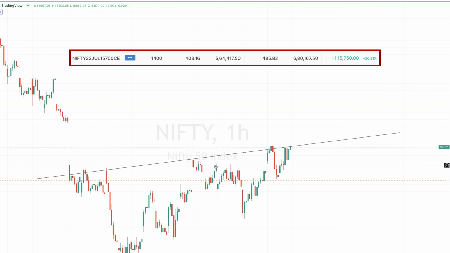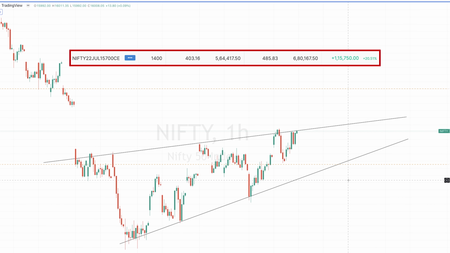So this is the trend line. I like to touch all the rejections, so that is why it took some time to perfect it. At the bottom you can see that this is a very easy trend line to draw.